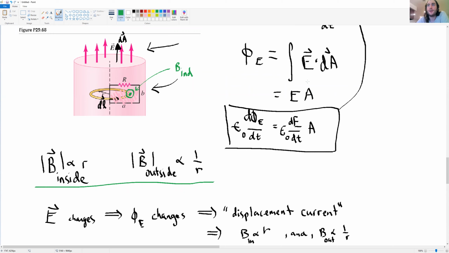Okay, so if that's the case, then that means B went from some value to a larger value. So B induced is increasing, which means that if B induced increases in this loop, then there is a B induced induced.